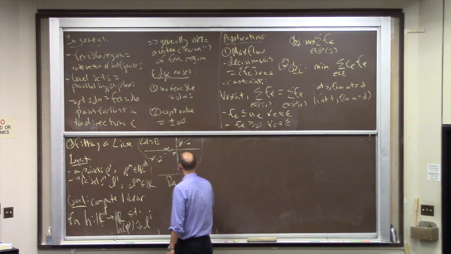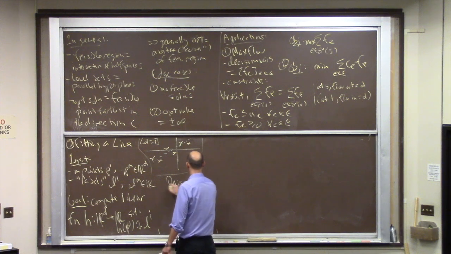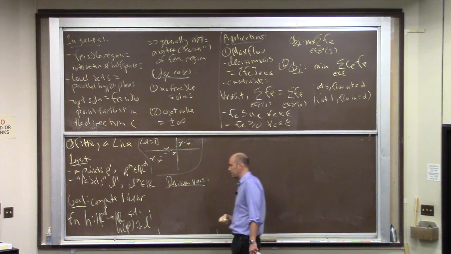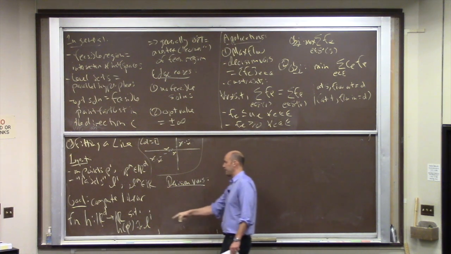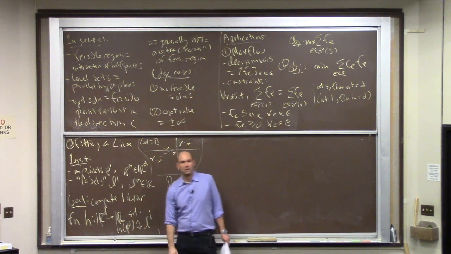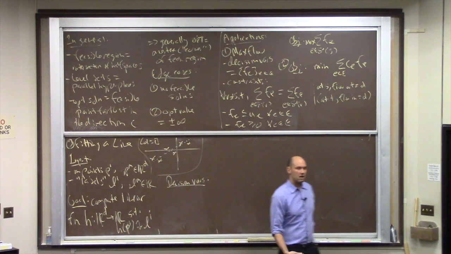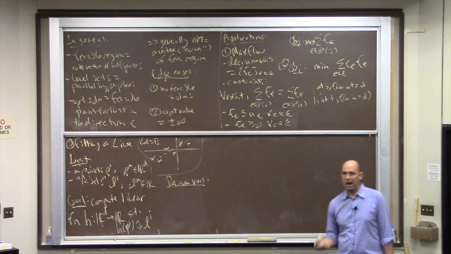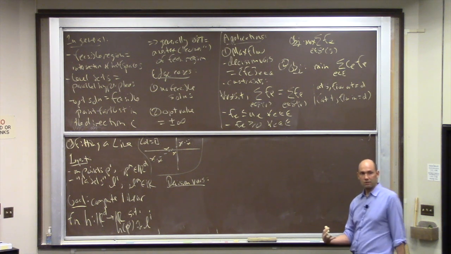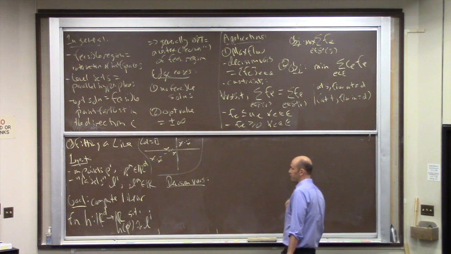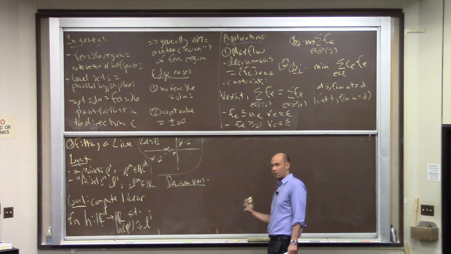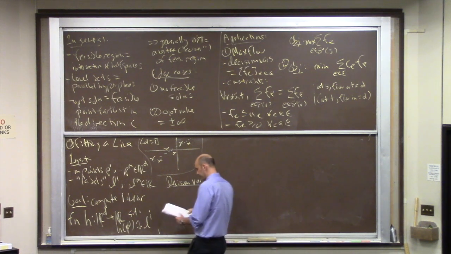Let's be clear on the decision variables. I want to make sure everybody understands this. So we're solving for a linear function h. Linear functions are parameterized or characterized by their coefficients. So we're really solving for the coefficients in this linear function. Those coefficients are going to be our decision variables.